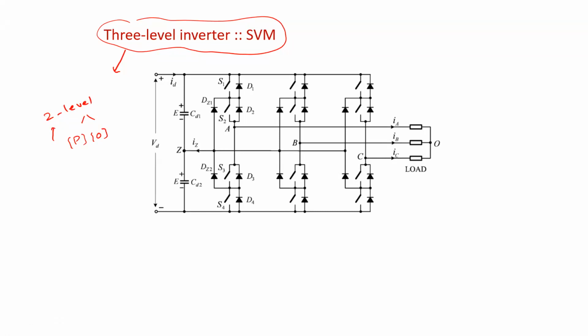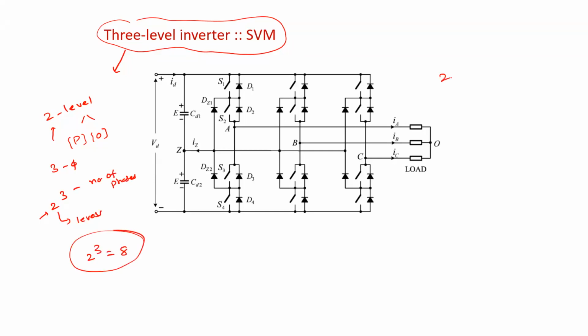So that is for 3-phase. How many space vectors are there? It is 2 to the power of 3. This is the number of levels, and this is the number of phases. That's why it is 2 to the power of 3, 8.